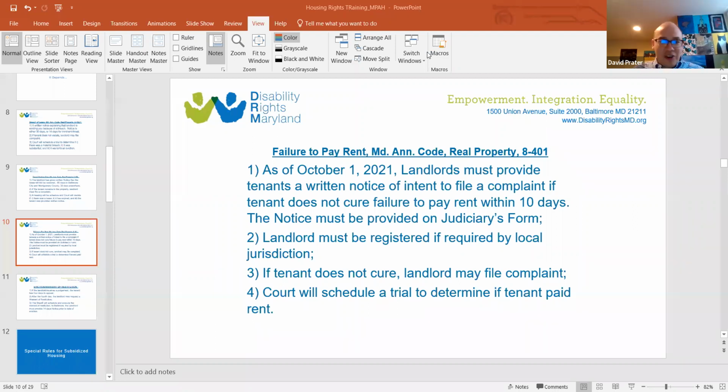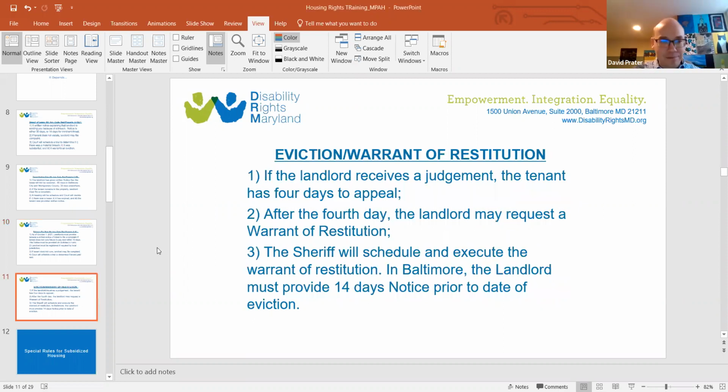Oh, this is a very good question. So, you know, those can be very tough arrangements. What we have seen more of is unlicensed landlords operating substandard housing for people of extremely low income.